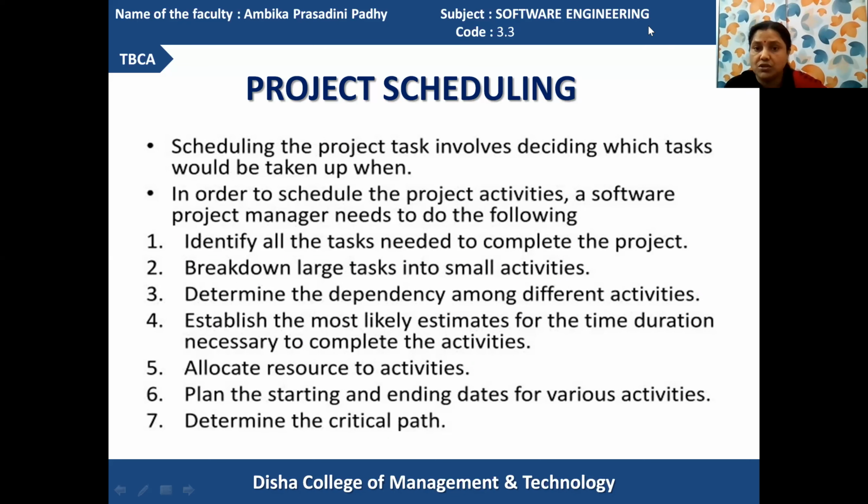So first the project is broken down into a number of smaller activities. Then all those smaller activities are identified for their dependencies on one another, how they are related, and in what manner they combinedly provide benefit to the system.